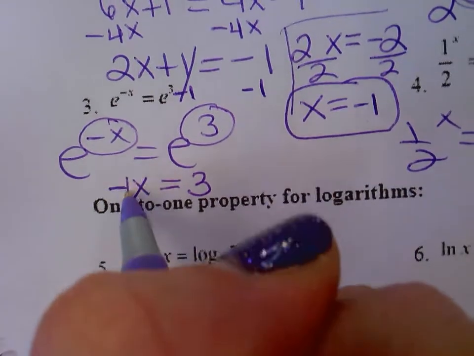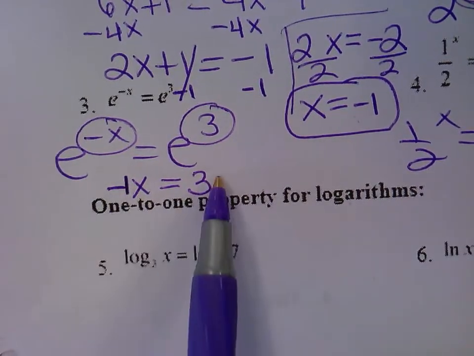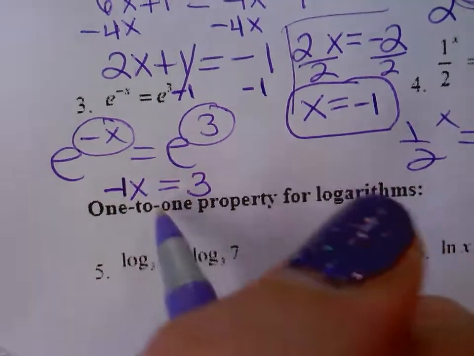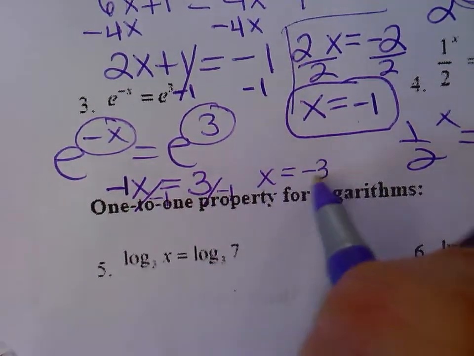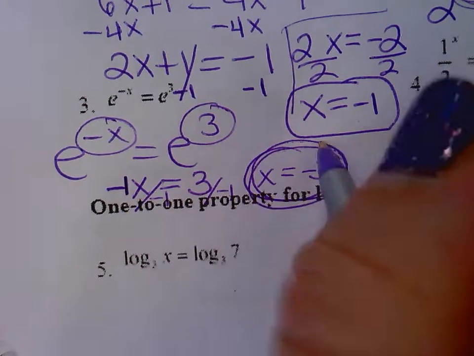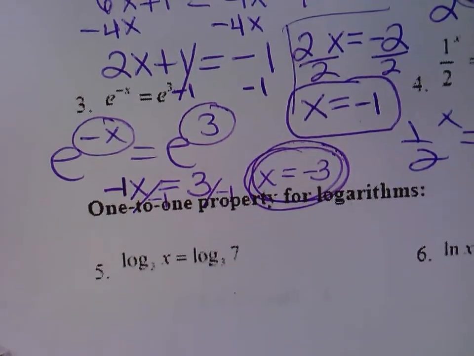This is really a negative 1 coefficient, so you're really going to divide both sides of the equation by negative 1, right? Divide by negative 1, so x will equal negative 3. Is that what you meant by divide by negative x? You're not really dividing by x, though, because x is already by itself.